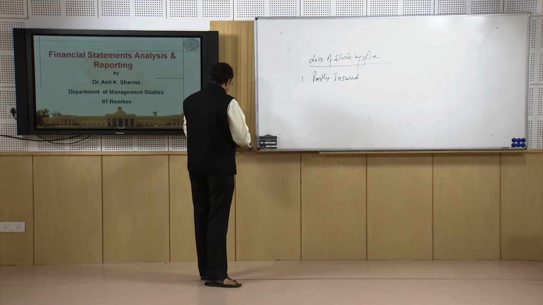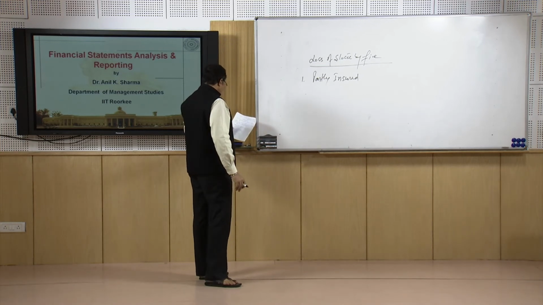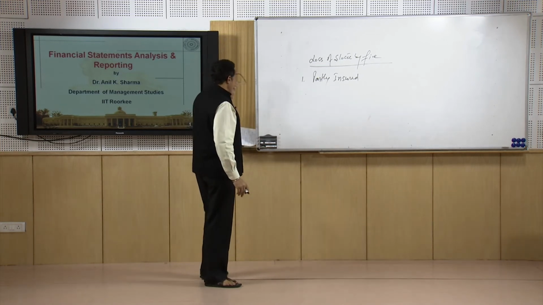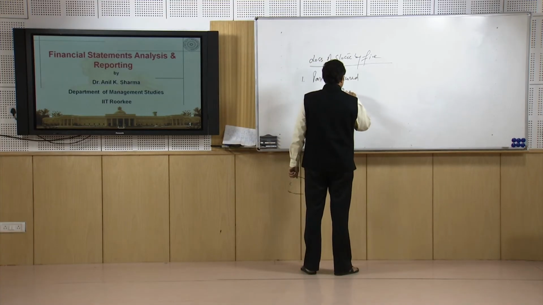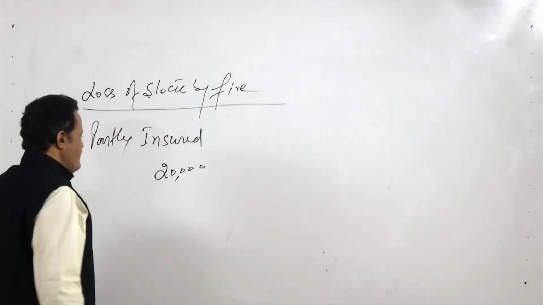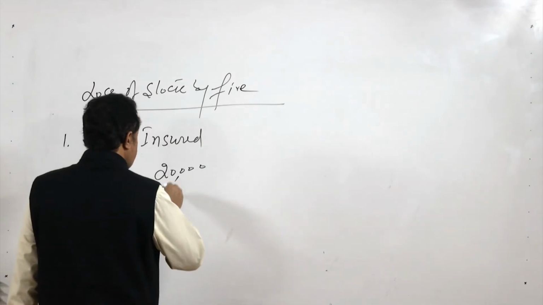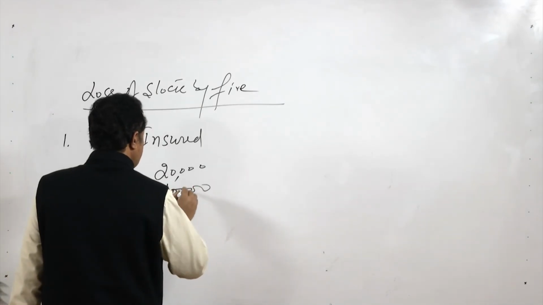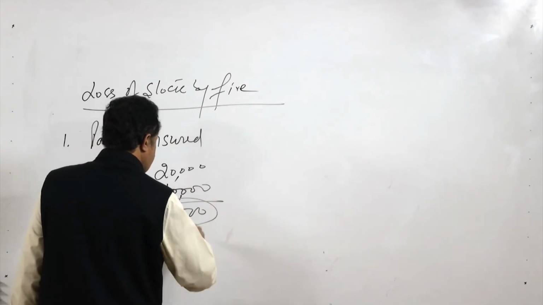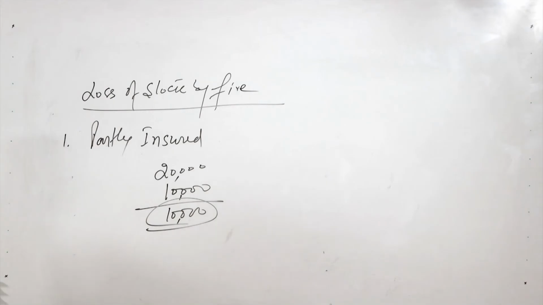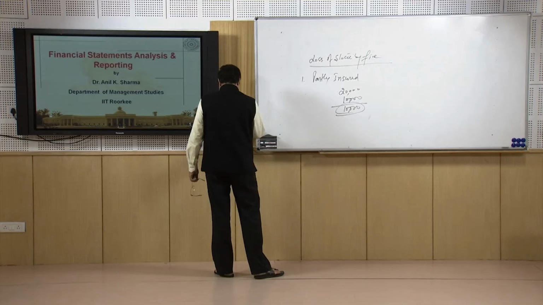So, when we talk about the partly insured part, for example, there is a loss of 20,000 and 50% was insured. So we will get from the insurance company 10,000 rupees and the final loss will be 10,000 rupees. This is the case. 10,000 rupees a loss. How to deal with it in the financial statements?